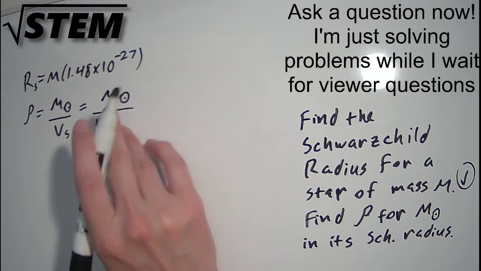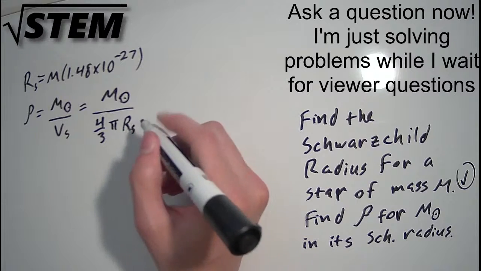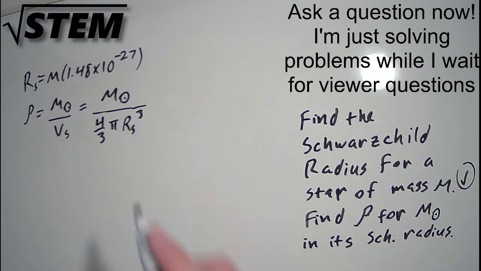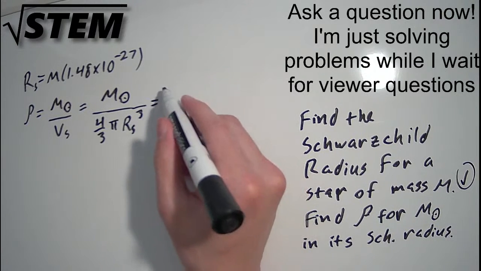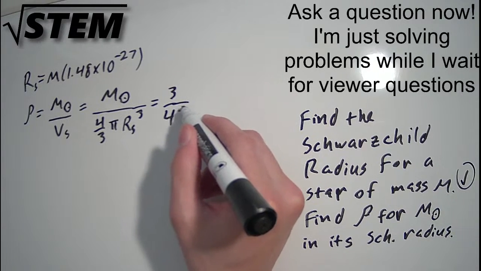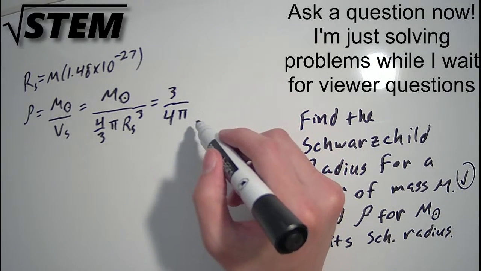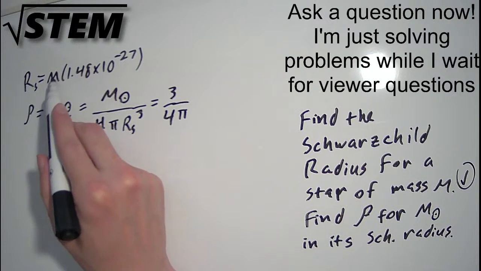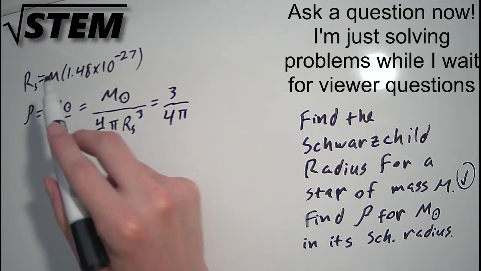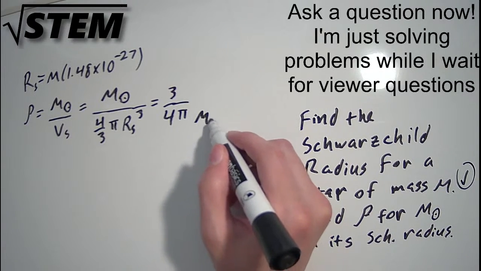Except this is the Schwarzschild radius. So it's going to equal 3/4 pi still on the bottom. When we substitute in for RS, we're going to put the mass of the sun there.